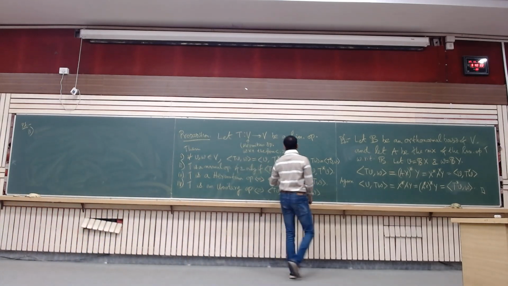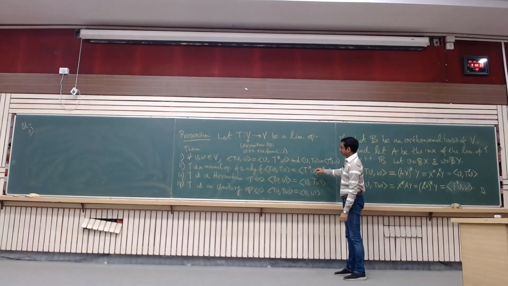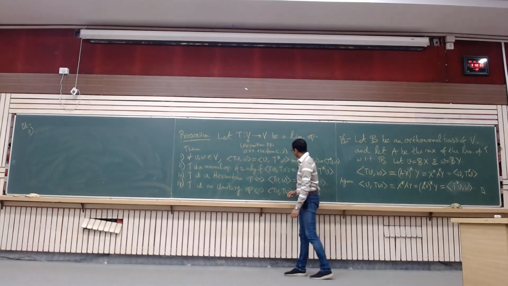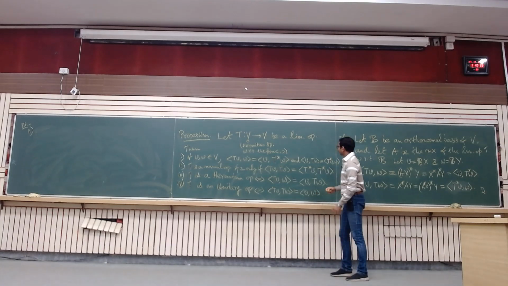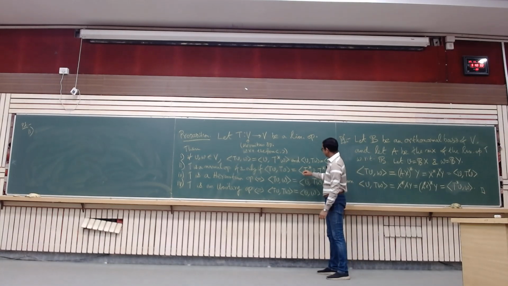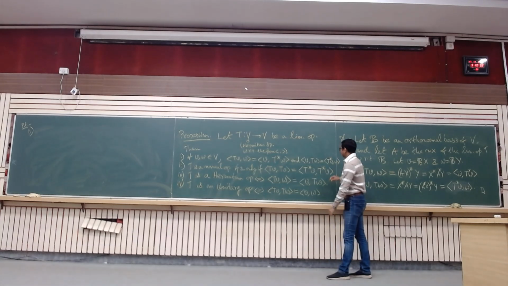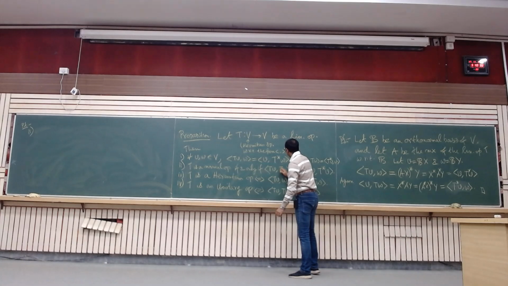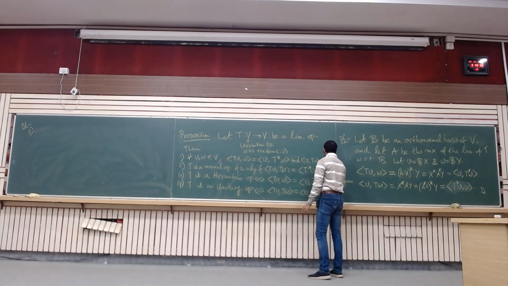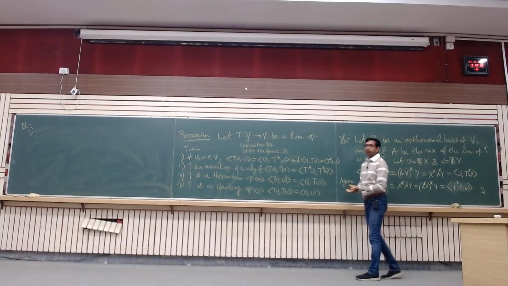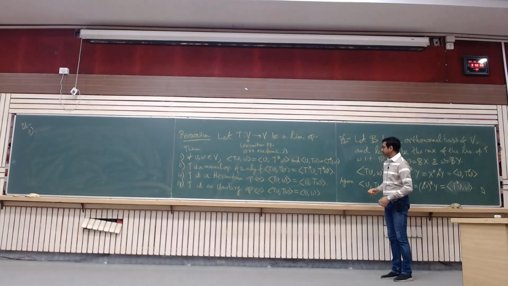Well, here we can just use this one. We are going to show that ⟨TV, TW⟩ is equal to ⟨T*V, T*W⟩ for all V and W. Wait a minute, what did I write? Excuse me.